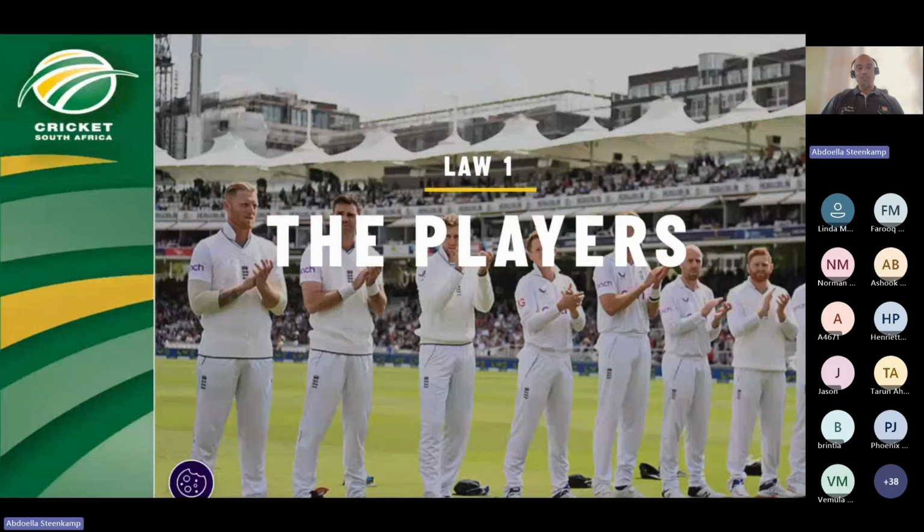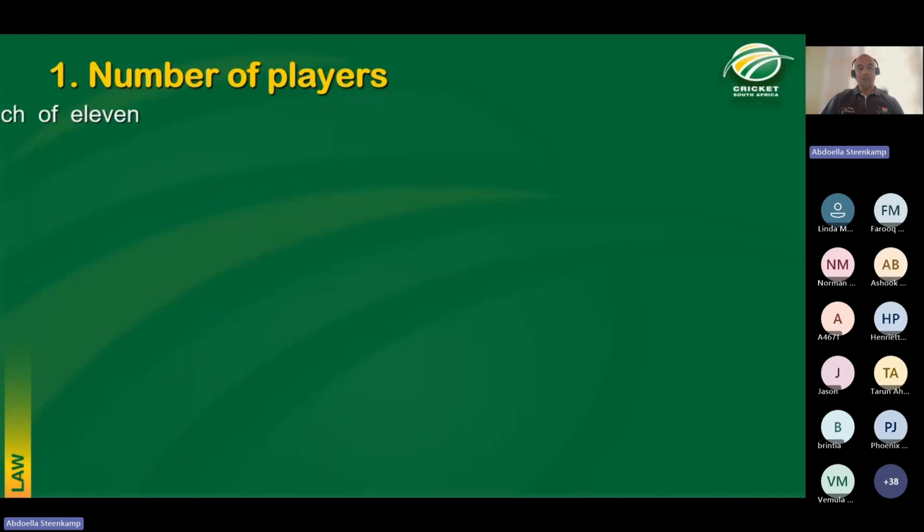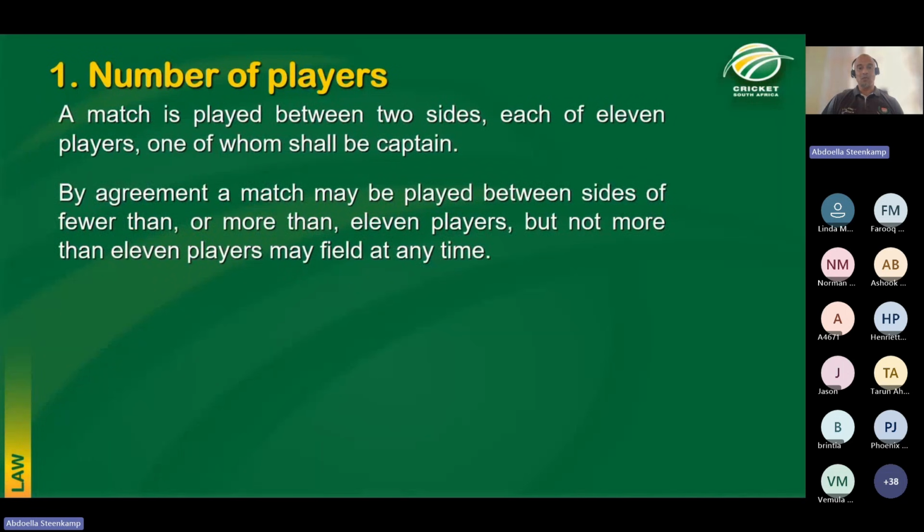So the first of the revision slides, number of players. Here I want to focus on the fact that usually matches are played between two sides of 11 each, but the law is flexible. The law allows for matches to be played between sides of more than 11 or even fewer than 11.